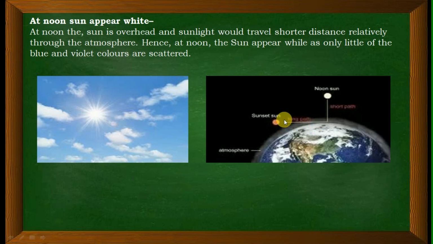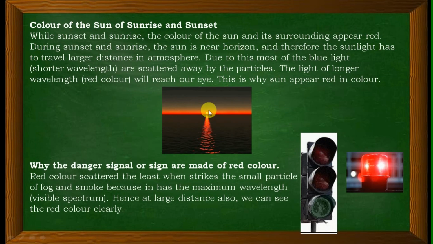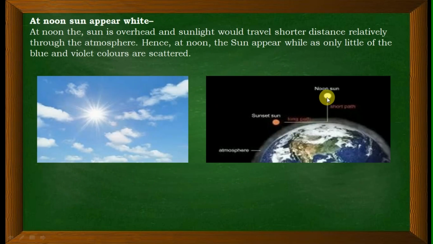Whereas when you come to the horizon, it will travel the longer path. So when the light travels the longer path, which color do we see? Red color. This is what we have already explained in the horizon case, right? At noon, when sun is overhead, sunlight would travel shorter distance relatively through the atmosphere. Hence, at noon the sun appears white, as only a little of blue and violet color is scattered. Clear? That's it.